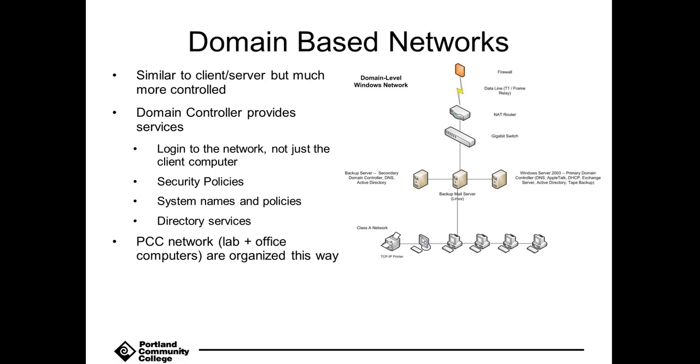When you have a domain-based network, you're not just logging into this, you're really logging into the domain server. Security policies are much more prevalent and tighter. The domain controller assigns names to clients as they're plugged in.